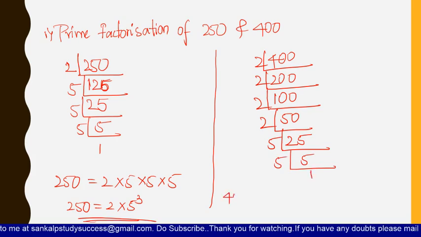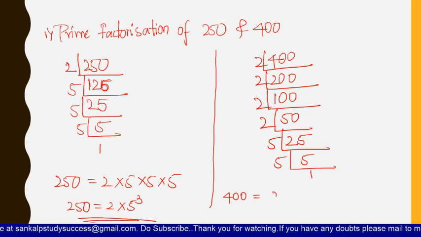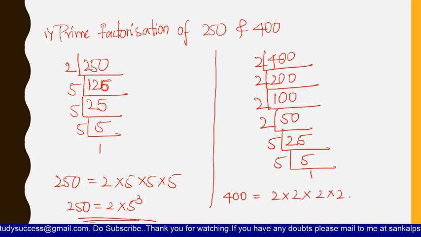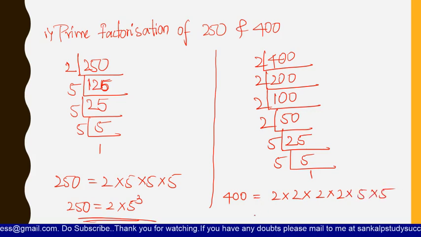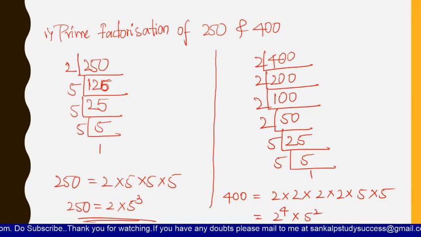So you can express 400 as a product of primes as we are having 4 twos here: 2 into 2 into 2 into 2, and 5 into 5. On further simplification, you will get 2 to the power of 4 into 5 to the power of 2, that is 5 square. So 400 can be expressed as a product of primes in the form of 2 to the power of 4 into 5 square.